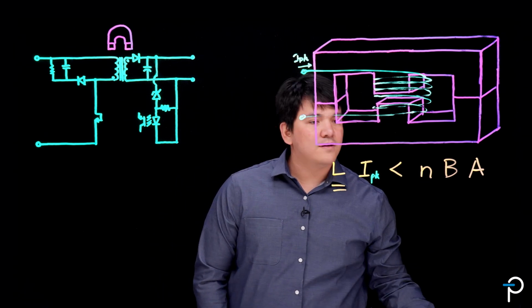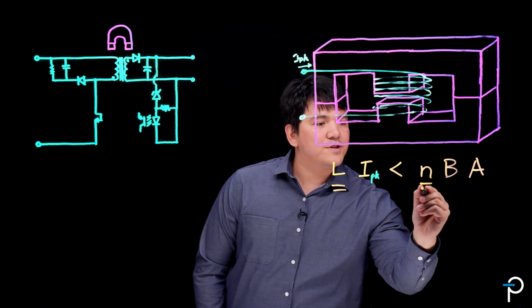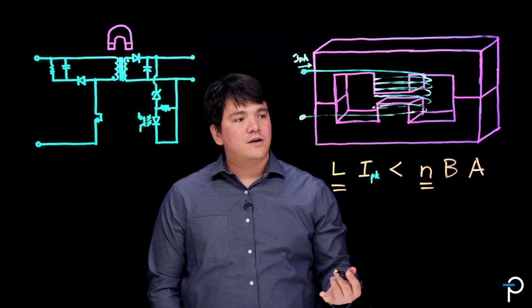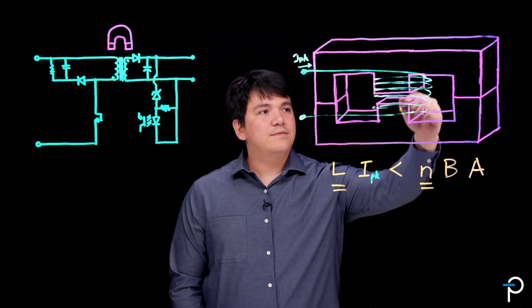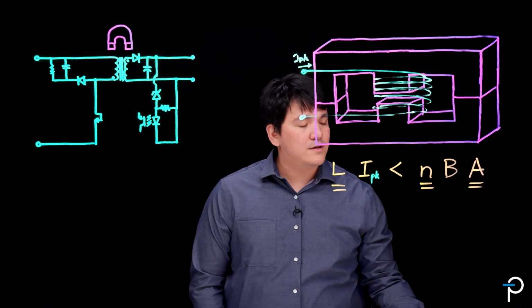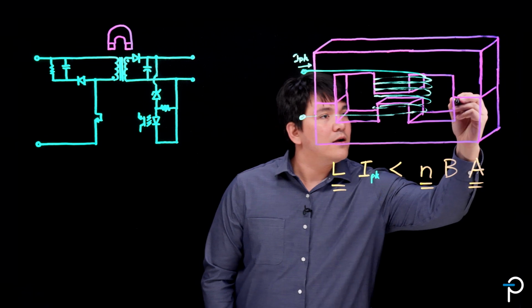N refers to the number of turns, and this is dependent on your wire gauge, the window area that's available to you. A is the effective area of the core.